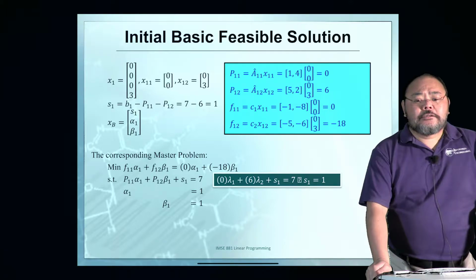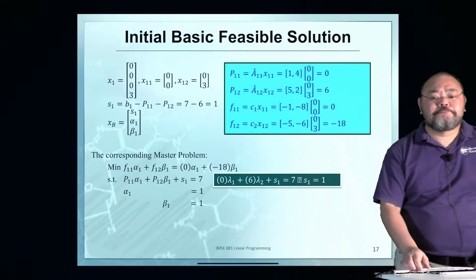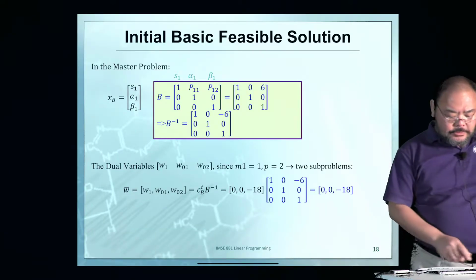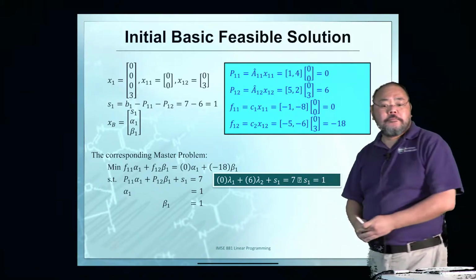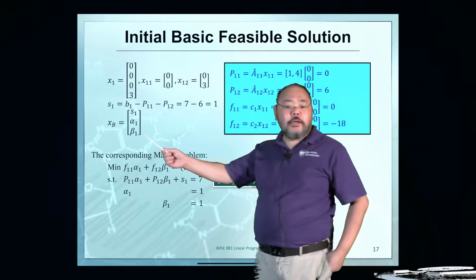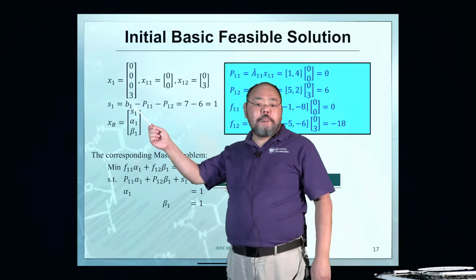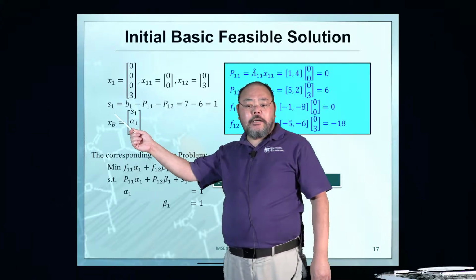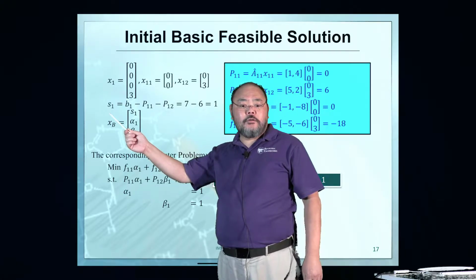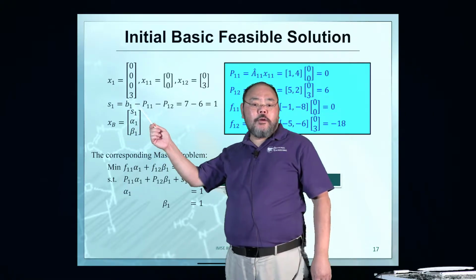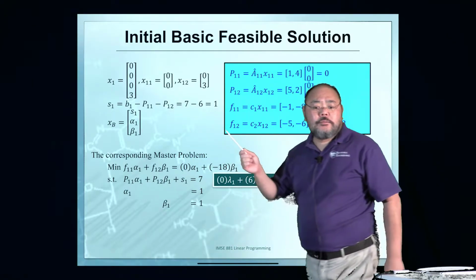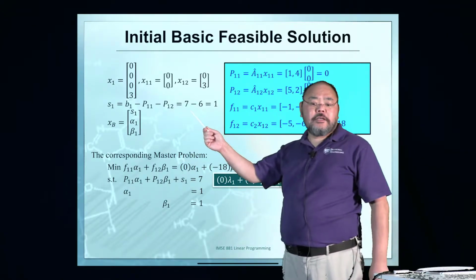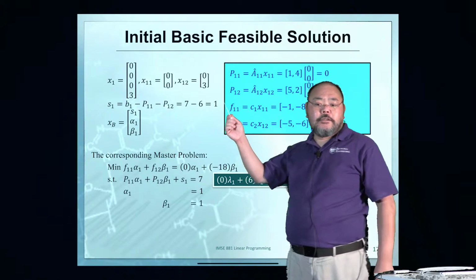In that case, I can form S1, my slack variable for the global constraint, equals b1 minus P11 minus P12. So that equals 7 minus 6, which is 1.